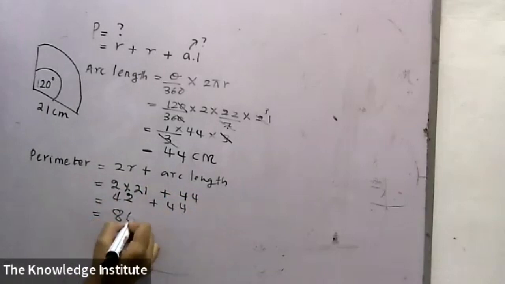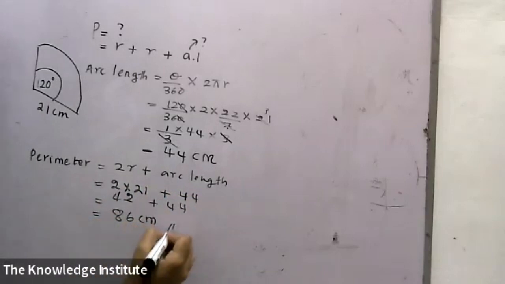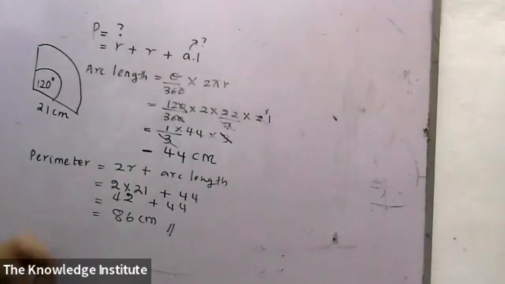So altogether you will have your answer as 86 centimeters. Did you understand how to find perimeter? Did you understand? Okay, I hope you understood the simplification as well.